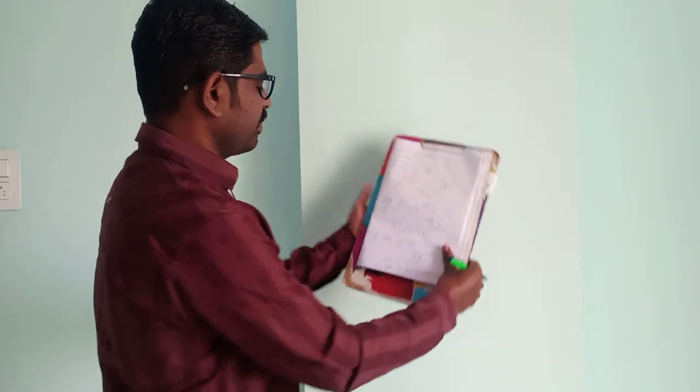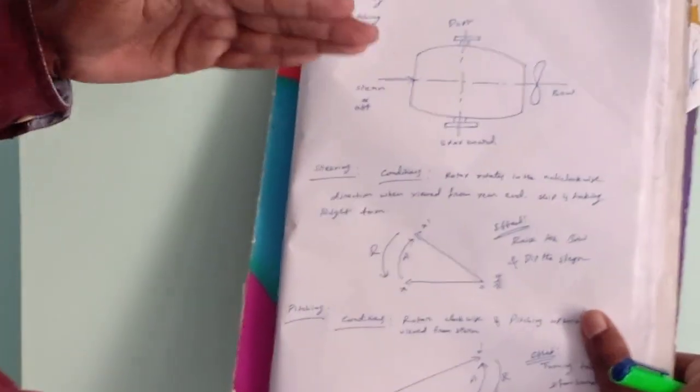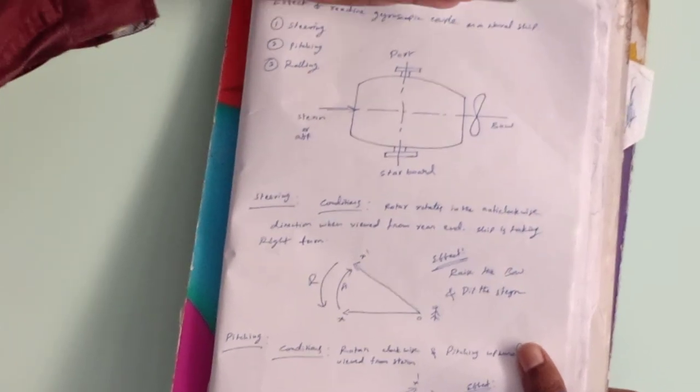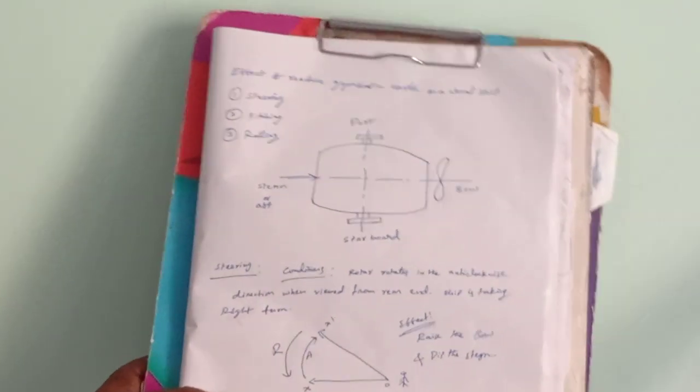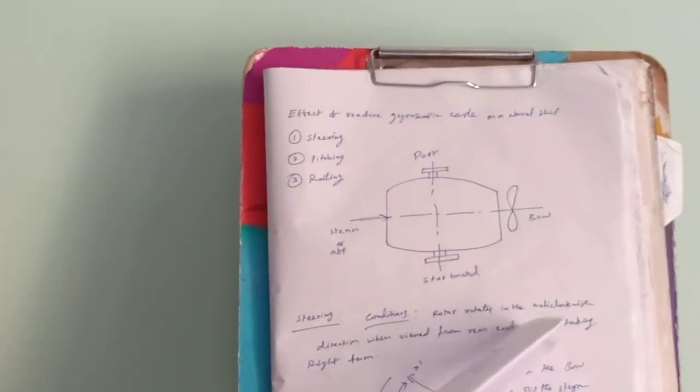You see this in this diagram. From here, the left hand side portion we call as port, and the right hand side portion we call as starboard. This is the terminology used in the naval ship.